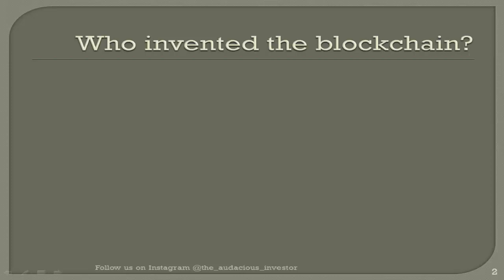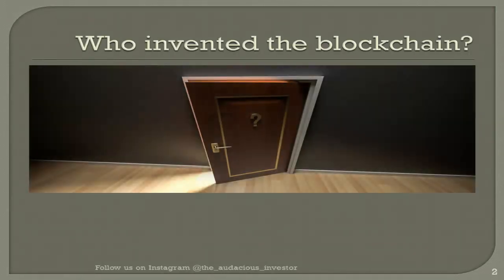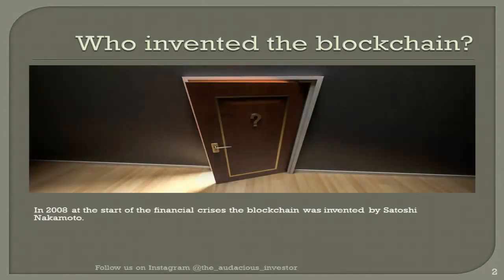So who invented the blockchain? So in 2008, at the start of the financial crisis, the blockchain was invented by someone by the name of Satoshi Nakamoto. Now, the true identity of Satoshi Nakamoto is unknown, as the name itself is a pseudonym.